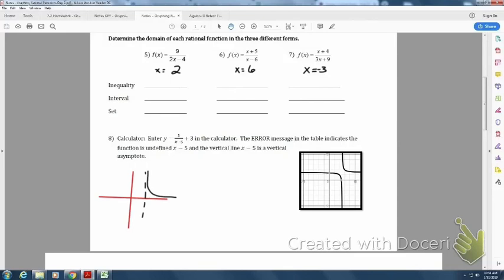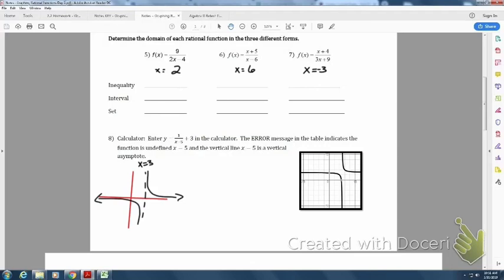Okay, so I have this, I have this. It's going to go from negative infinity to positive infinity, but there's going to be a gap at 3. So whenever you're writing, especially the inequality in the interval form, you're going to write the domain for this and for this. So you're kind of writing the domain for two different things.